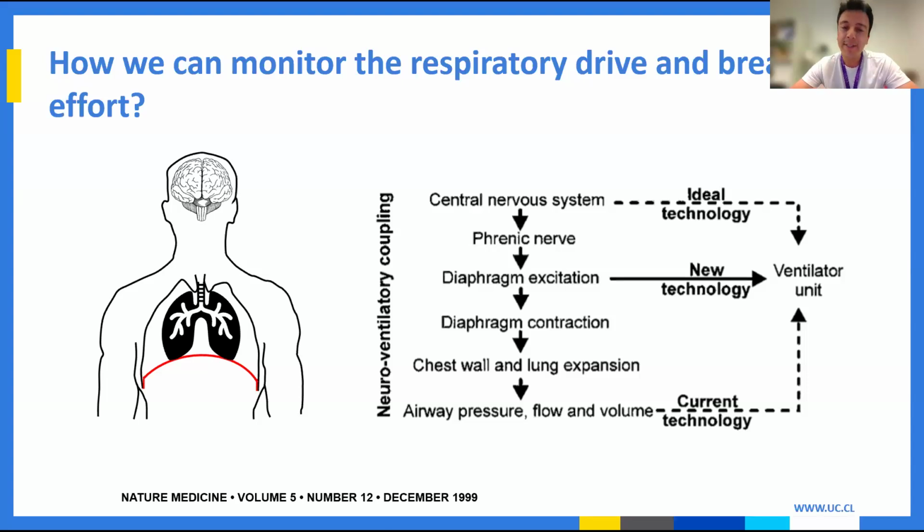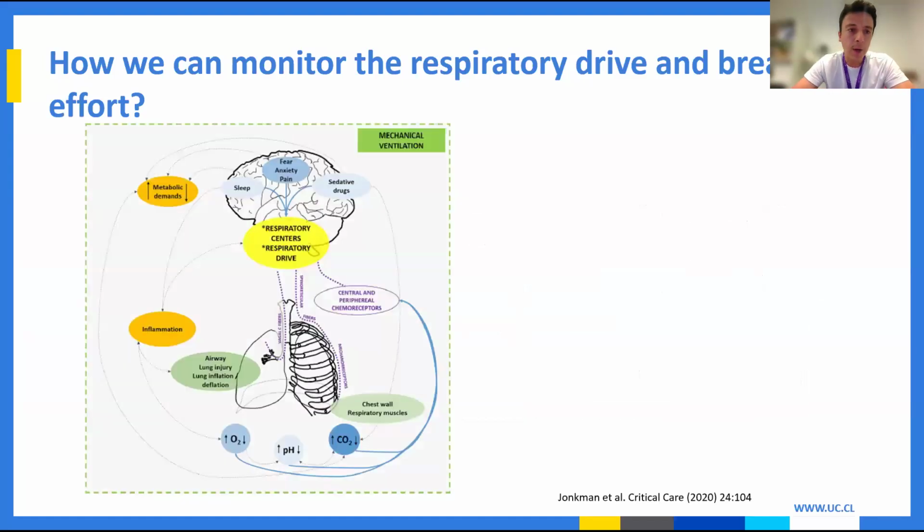So understanding the neuroventilatory coupling, we can measure the drive and the breathing effort at any of these levels. That would be the ideal thing to keep in mind. So where can we measure in the neuroventilatory coupling?